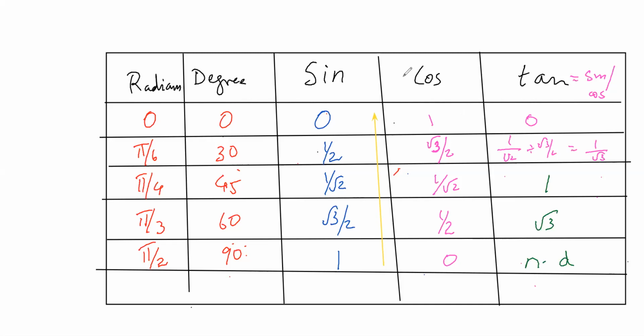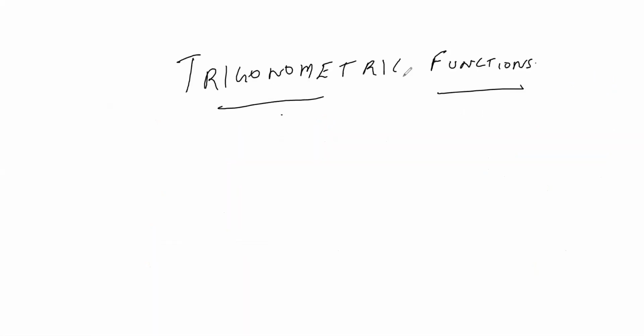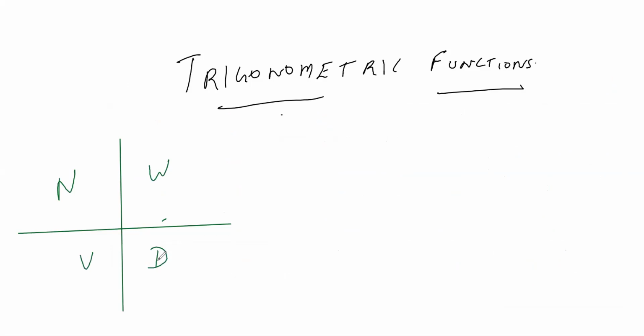So guys, I'm going to tell you some important things in trigonometric functions. In maths, there are mainly 4 things: numbers, words, variables, diagrams. So how do you visualize and remember things?